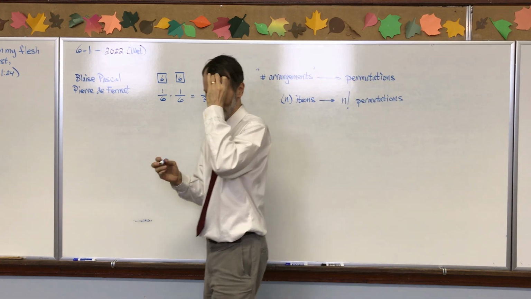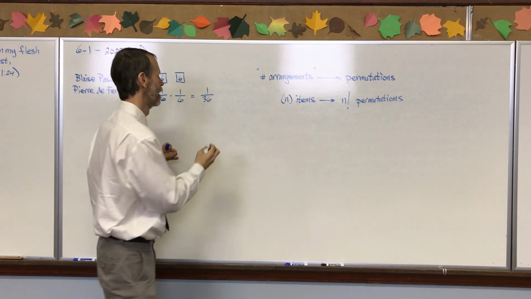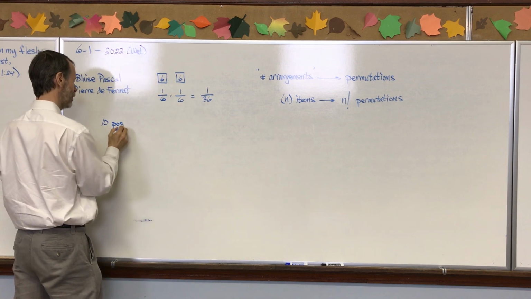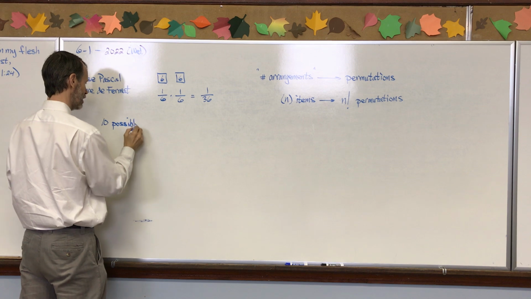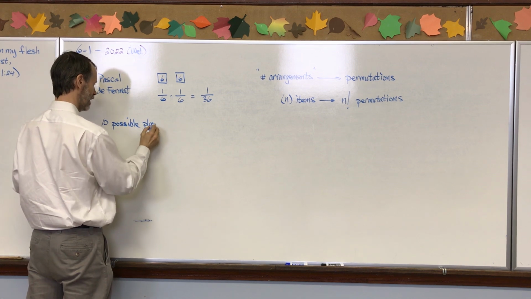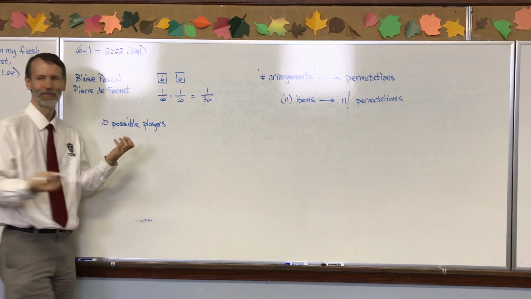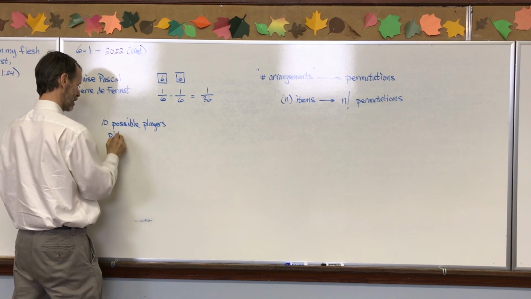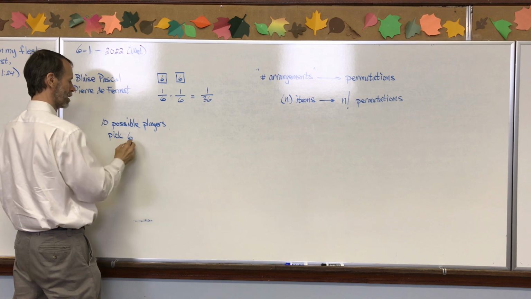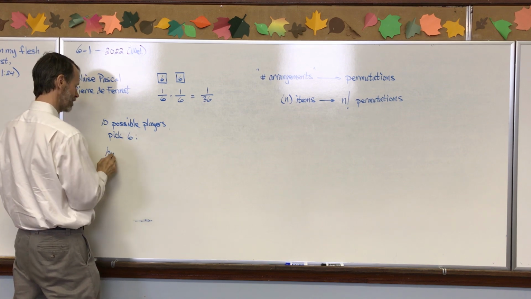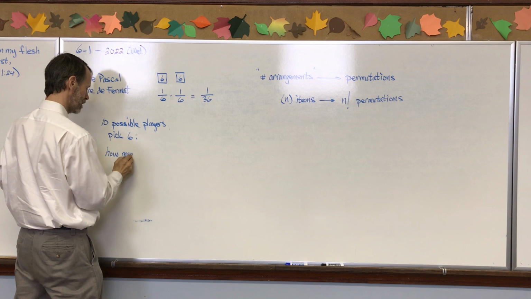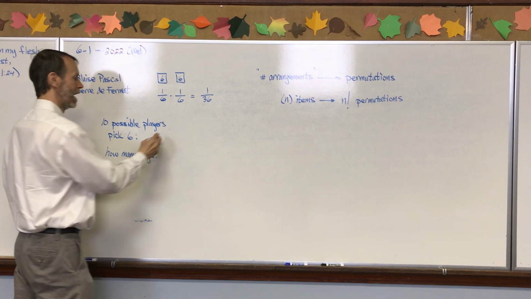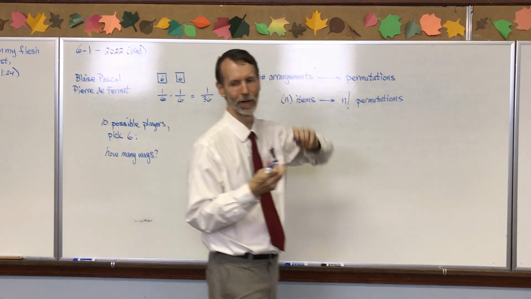What if we started changing things up? Suppose I have 10 possible players, let's say volleyball, and you need to pick 6. How many ways can you pick them? Now this is a different question than we were asking before.